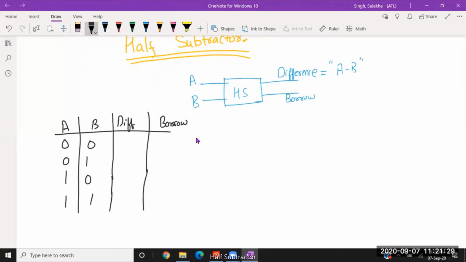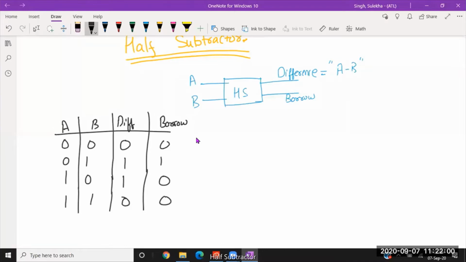Then if I calculate the difference, 0 minus 0, the difference is 0 and borrow is 0. And if I calculate 0 minus 1, then the difference is 1 and borrow is also 1. If I calculate 1 minus 0, the difference is 1, but in this case borrow is 0. If I calculate 1 minus 1, difference is 0 and my borrow is 0.